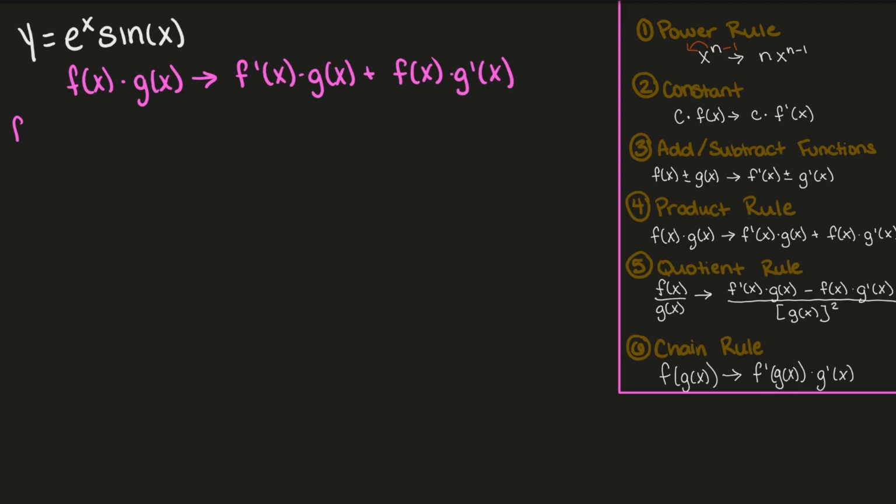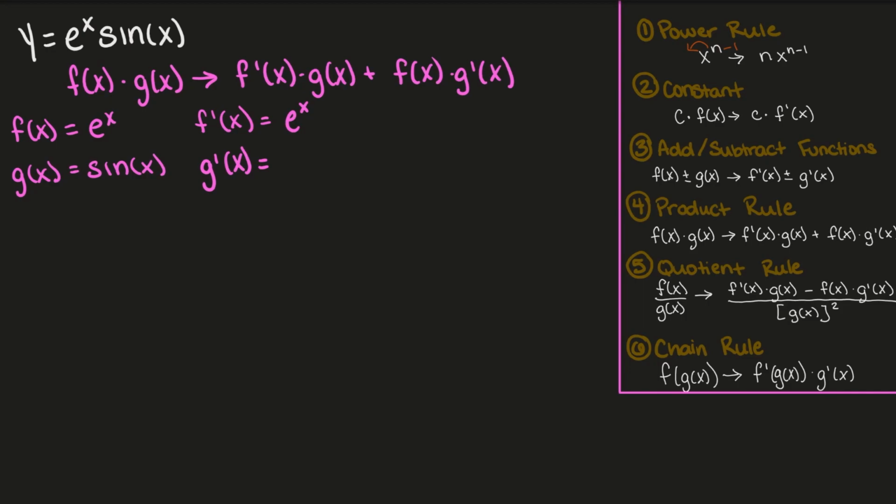So if f of x is e to the x and g of x is sine x, then, if we remember from all of the common derivatives that we talked about earlier, f prime x is equal to e to the x. The derivative of e to the x is e to the x. And the derivative of sine x is cosine x.